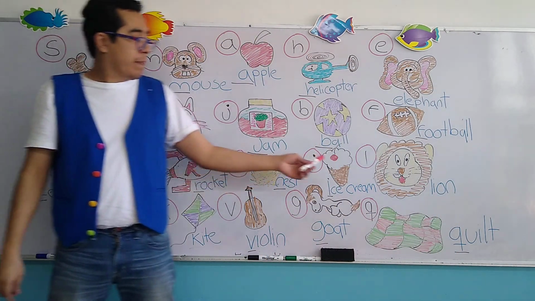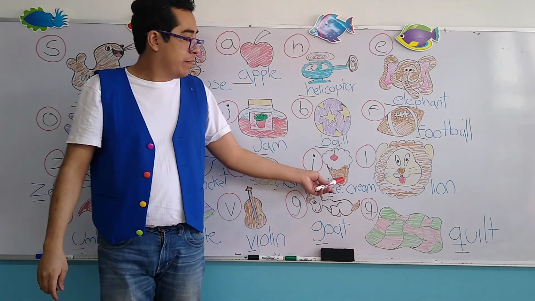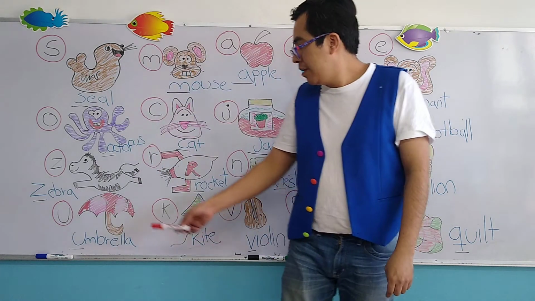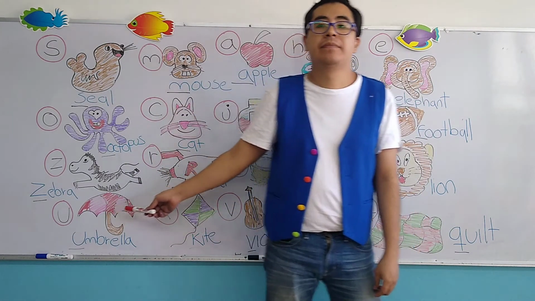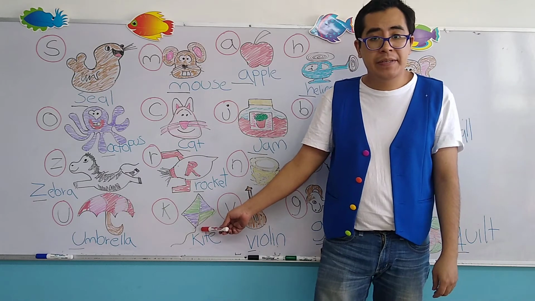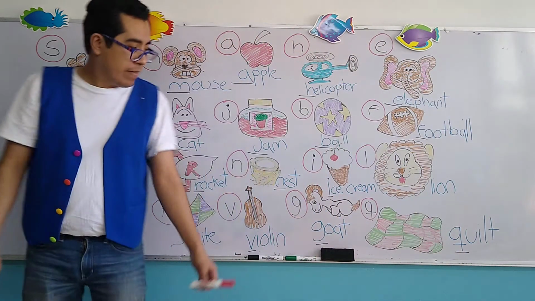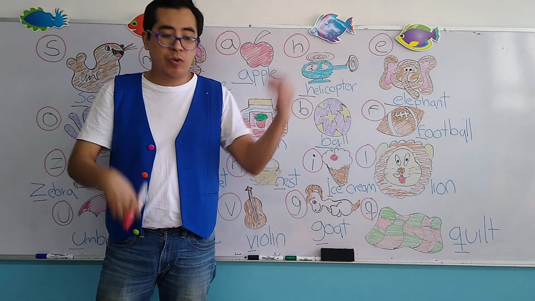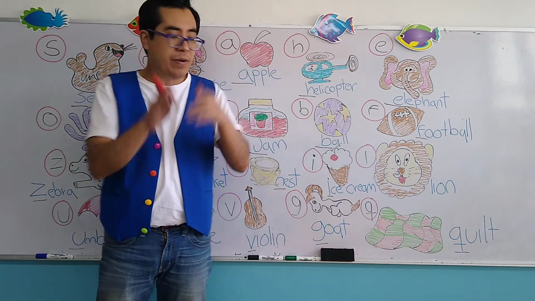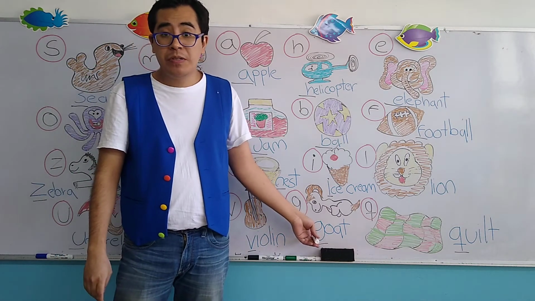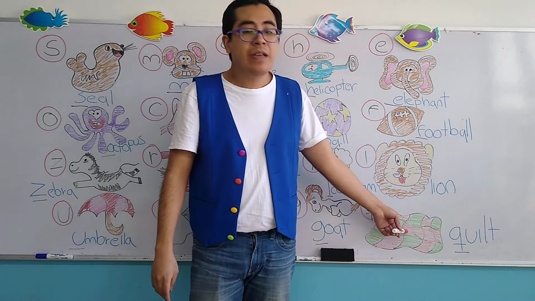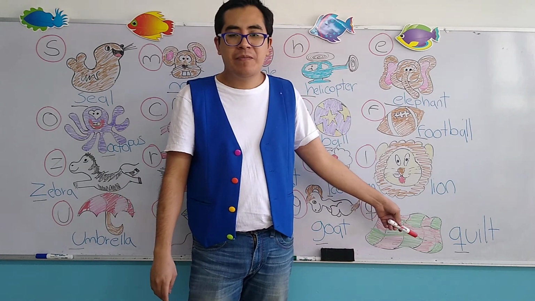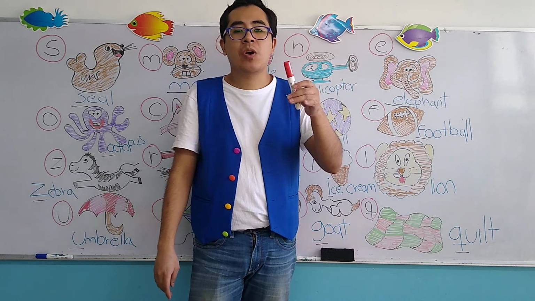Nest, ice cream, lion, umbrella, kite, violin. Remember the violin, similar to a guitar but smaller. The goat. And finally, the quilt. One more time. Quilt. Remember the quilt in Spanish, colcha.